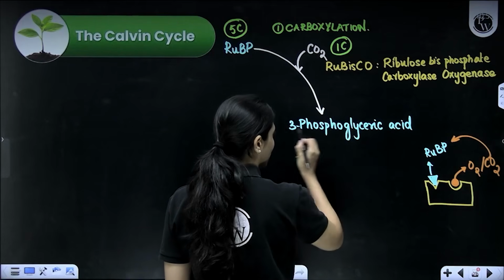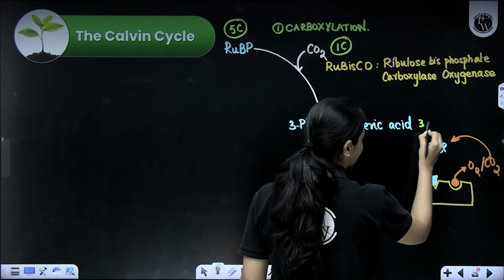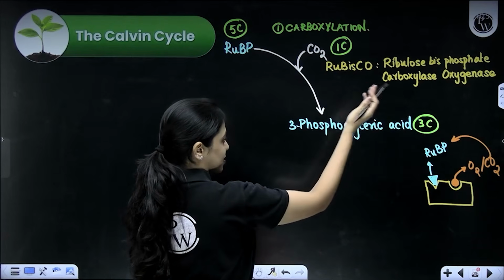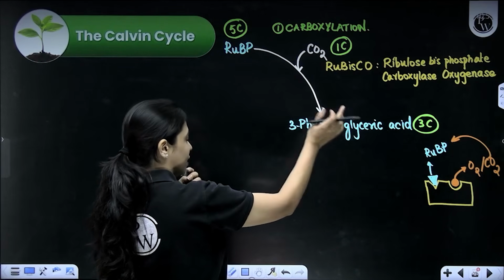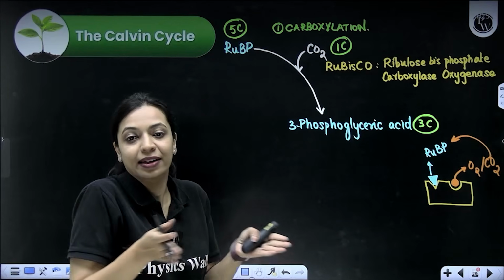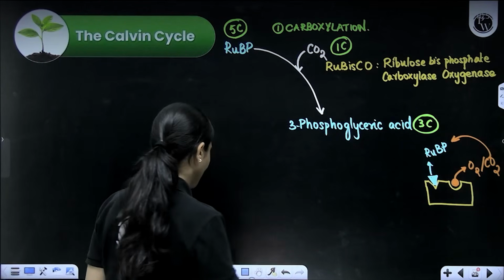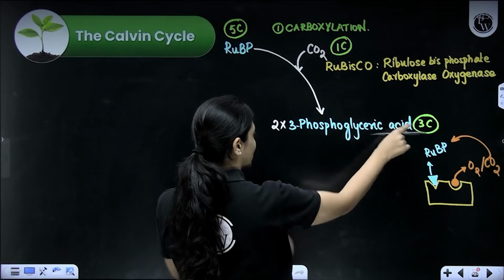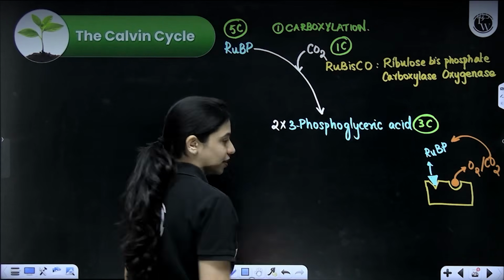We already know that 3-phosphoglyceric acid has 3 carbons. If there are a total of 6 carbons here, how is it that there is a 3 carbon compound formed? There will be a 6 carbon compound formed first. Because it is unstable, it will immediately split and give rise to 2 molecules of this 3 carbon compound. Since you have 2 such molecules here, you have a total of 6 carbons right here.